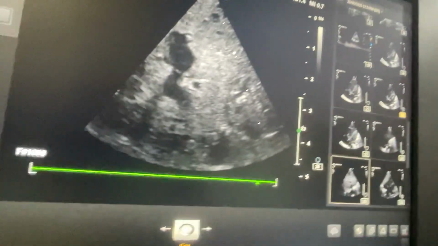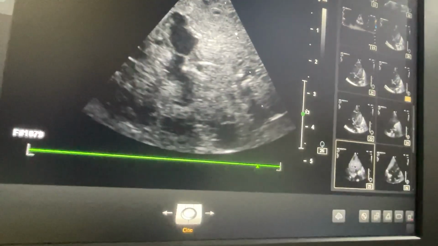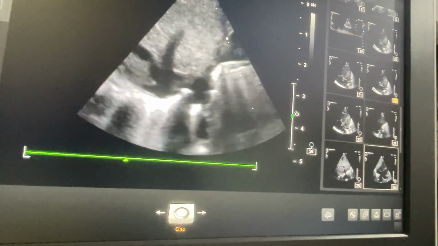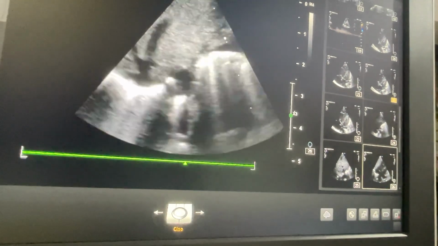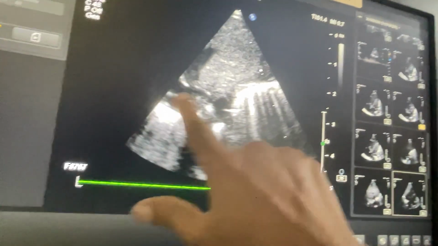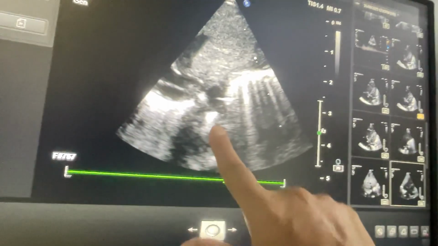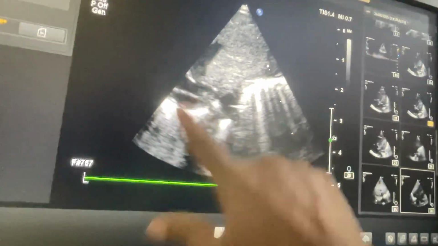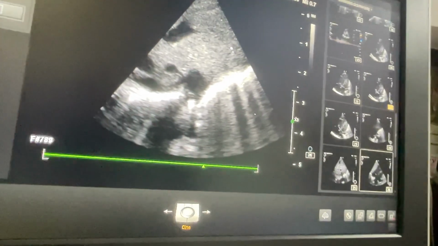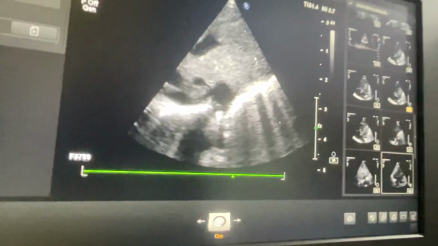So this is the case of the infracardiac variety of total anomalous pulmonary venous connection. Now you can see this is the aorta, this is a straight vein, and this is the IVC. So the middle one is the straight vein that is coming from the pulmonary venous confluence.